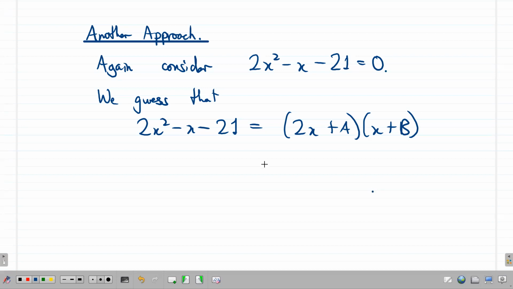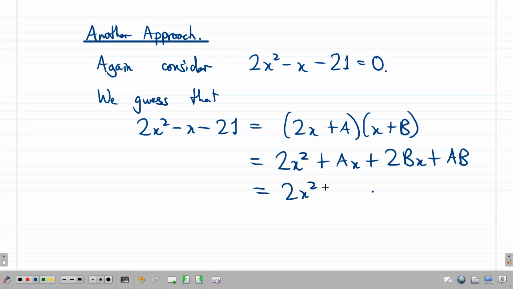Let's expand the right-hand side. I'll get 2x squared plus Ax plus 2Bx plus AB. And if you clean that up a bit, that gives you 2x squared, collect together the linear terms, (A + 2B) times x, and then on the end you have the constant term AB. Now I know something else. I know that AB has to correspond to minus 21.